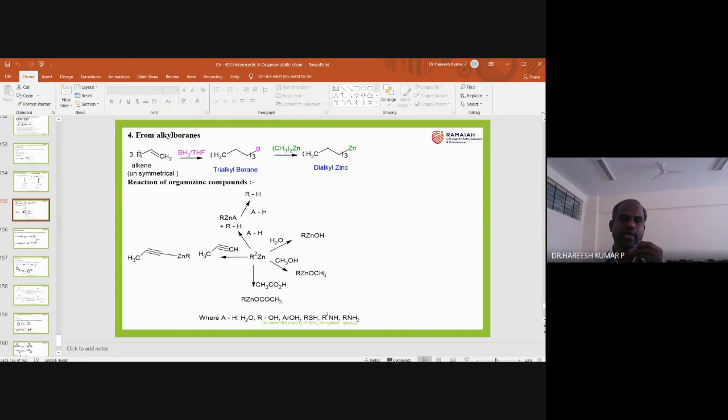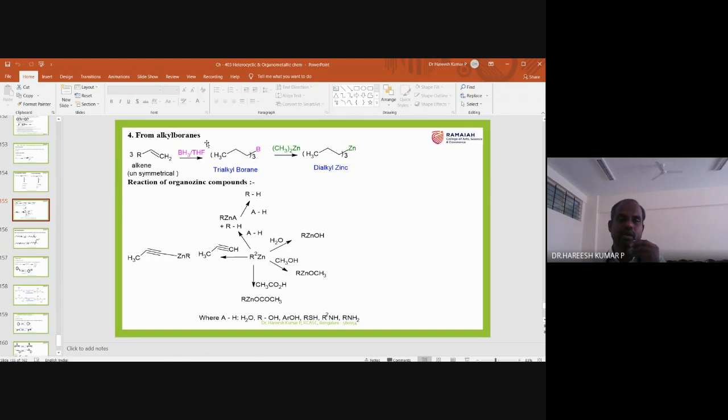Here I have written R, but in this one I have written CH3. If it is CH3, it is unsymmetrical. That is the reason B is adding to the less hindered carbon. This carbon is the more hindered carbon.